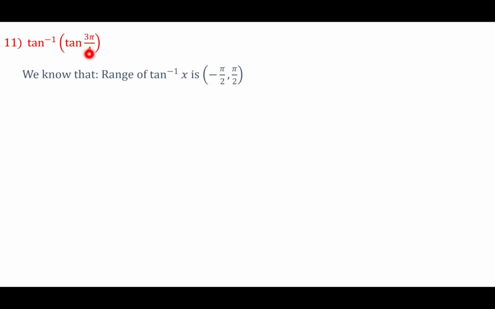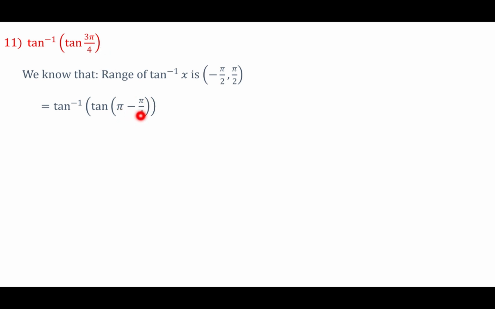But this is 135, which is not in this range. So you have to rewrite this tan 3 pi by 4 in such a way that it comes in this range. So I wrote 3 pi by 4 as pi minus pi by 4. Check: if I take the LCM, it is 4 pi minus pi, which is 3 pi by 4.